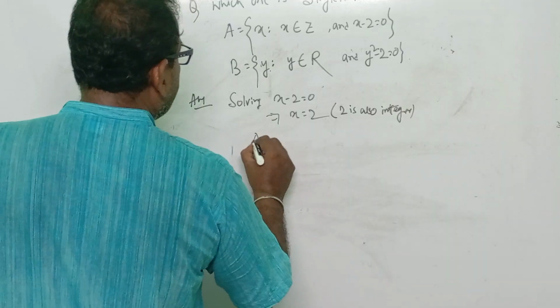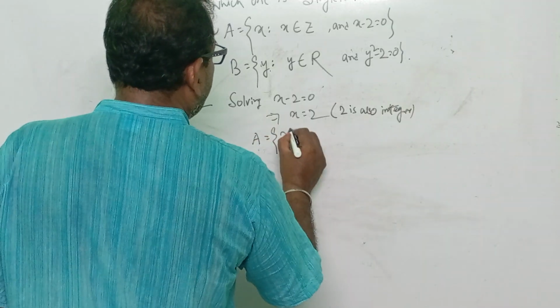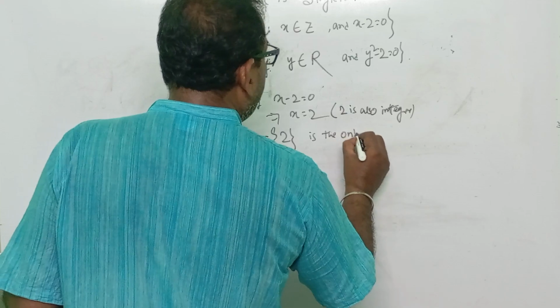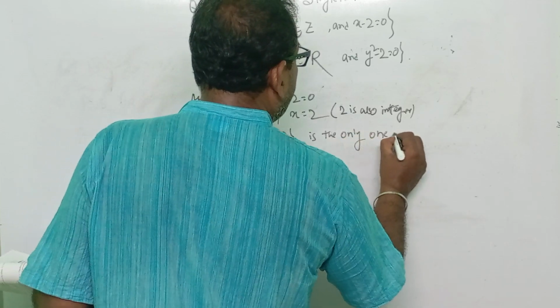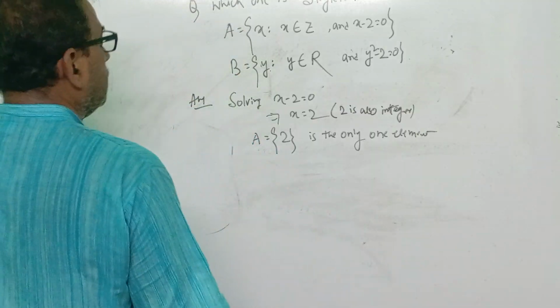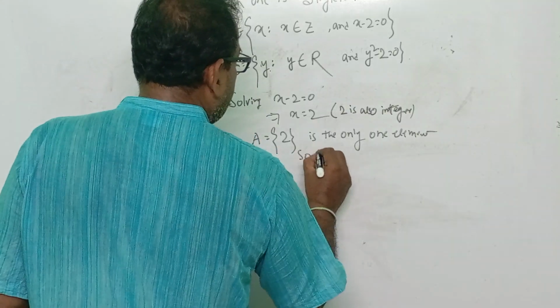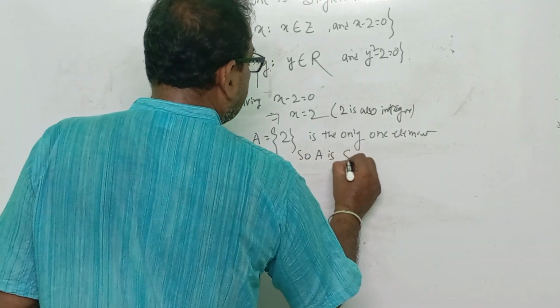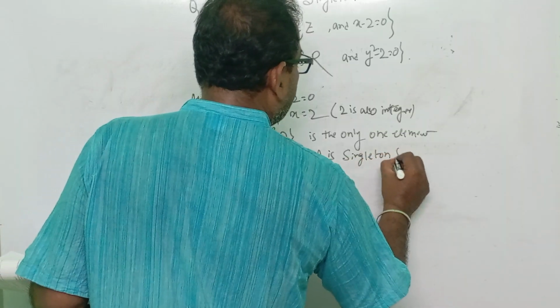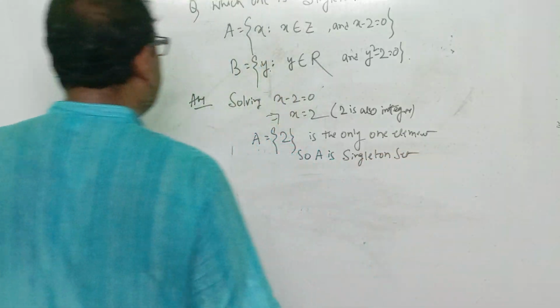So A is a set which has 2 as the only element. So A is a singleton set.